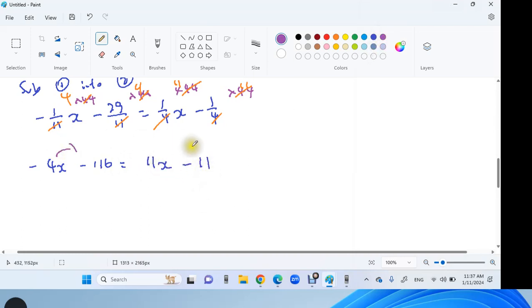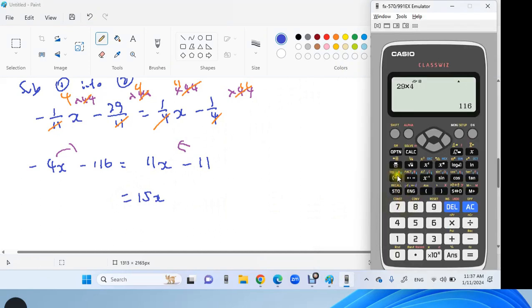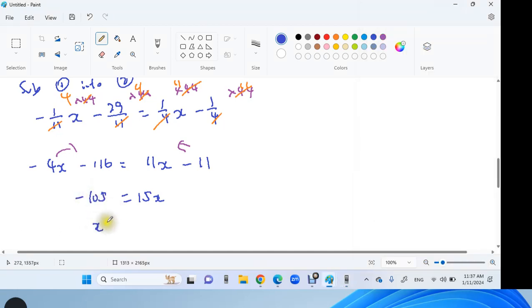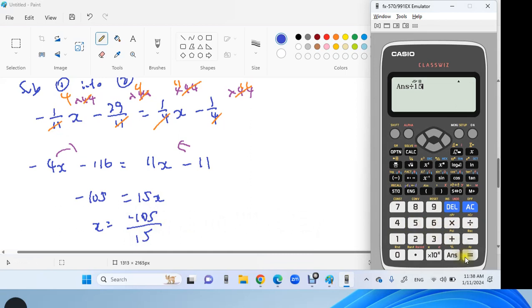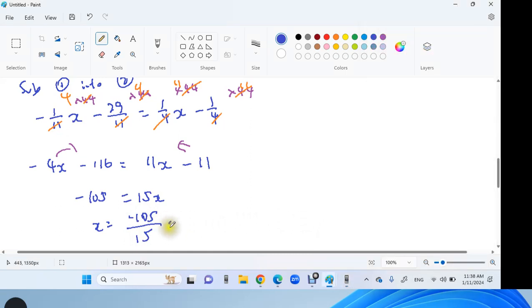So we move it here and here, then it will become 15x equals negative 116 plus 11, which is negative 105. So divide by 15, then it's negative 7. So the x is negative 7.